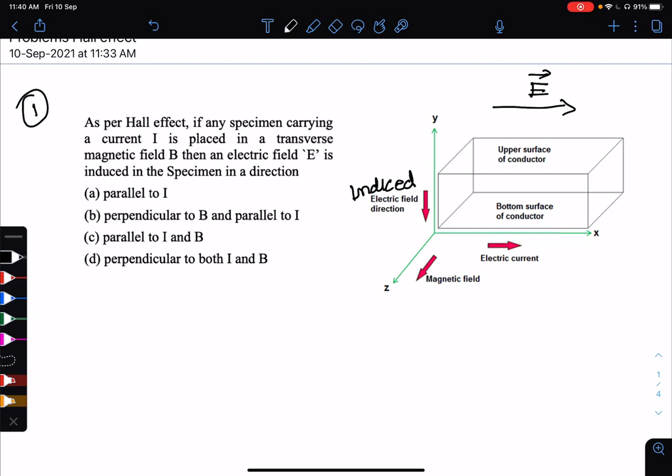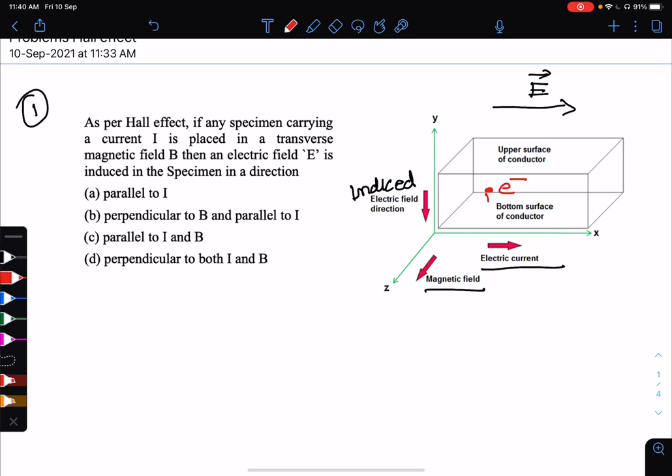You can see that the electric current is in this direction, and the magnetic field in this direction. That too we are applying. Then what is happening there? An electric field will be induced as a result of these two acting together. How would that be? Here you can see an electron.